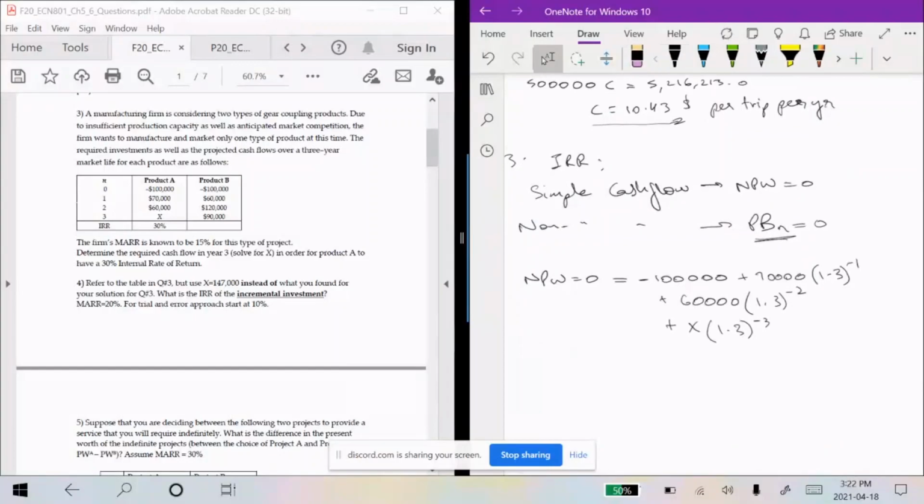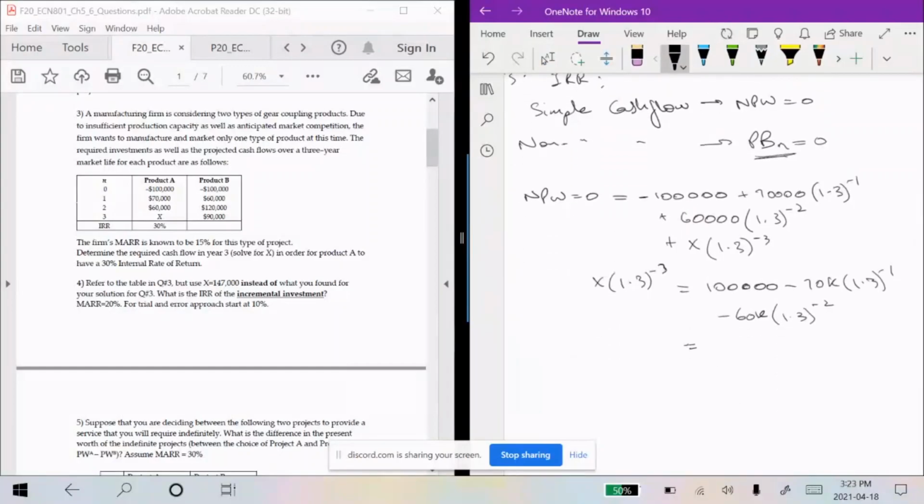Okay. This is just maths. After this, you just take the 100,000 to the other side. X into 1.3 raised to the power minus 3 is going to be 100k minus 70 into 1.3 raised to the power minus 1 minus 60k into 1.3 to the minus 2.